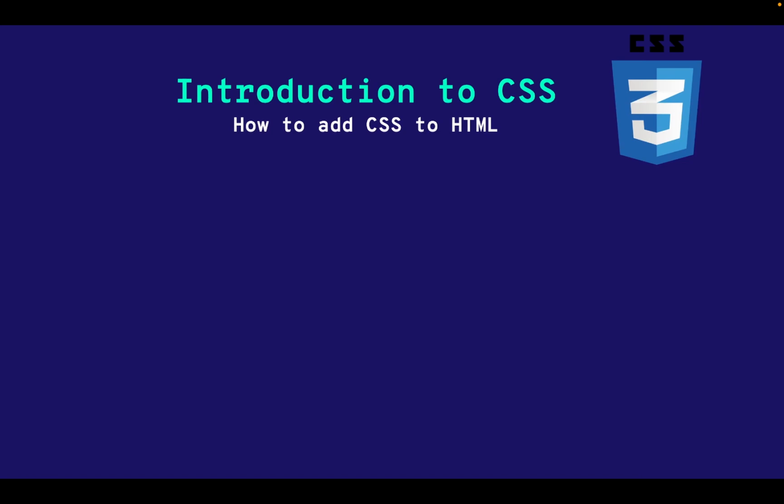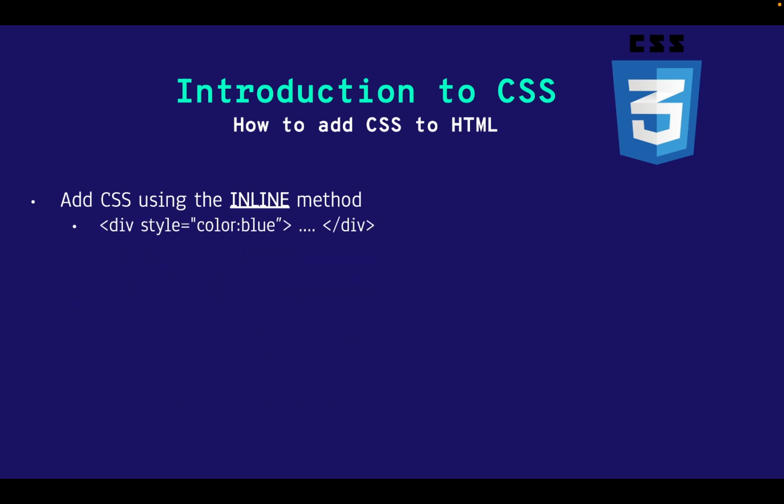So now, how do we add this nice CSS to our HTML, right? So the first way to add CSS to our HTML is using the inline method. I'll show you guys what that is. We have actually done something like this, and I will show you in the code. Inline method.